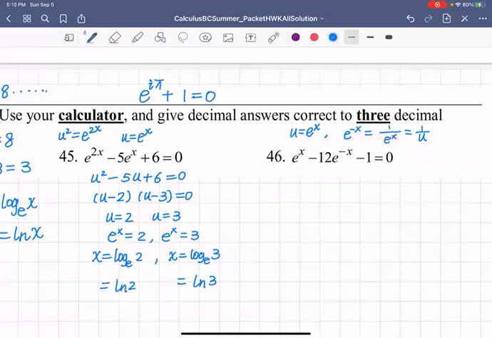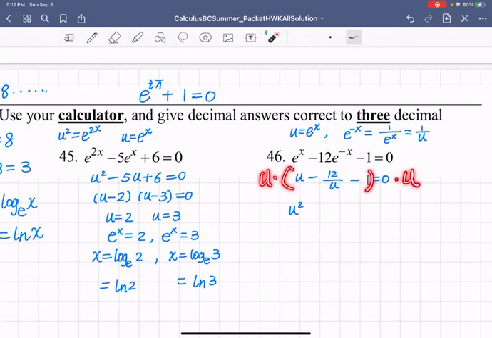So then that would be u minus 12 times 1 over u minus 1 equals 0. So then, times u for each term.